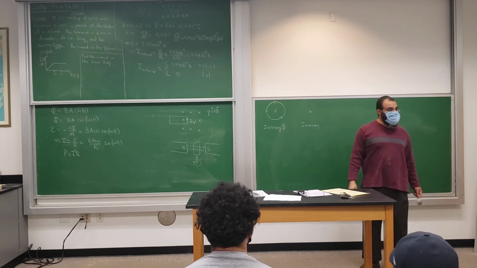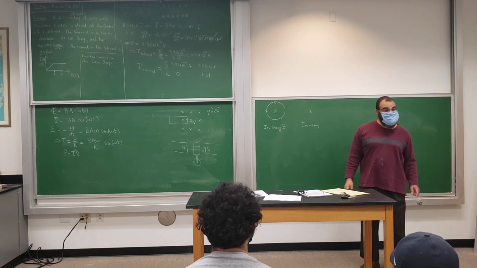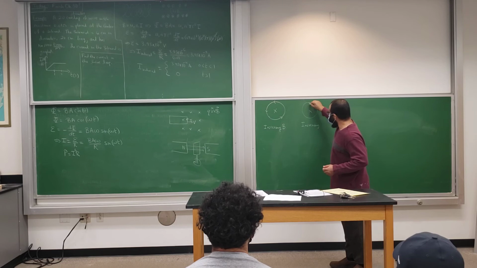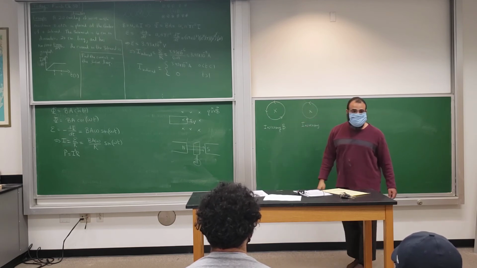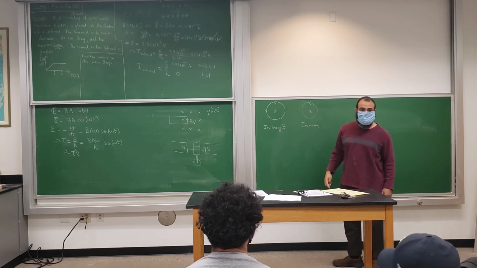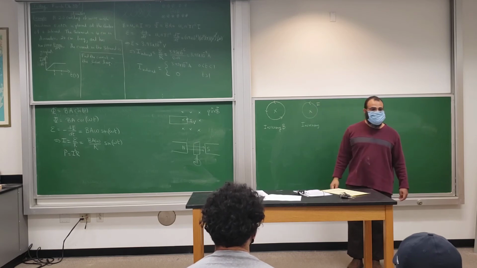But does it mean there is no electric field now? There is still an electric field. It's still in the counterclockwise direction, although there is no loop to experience that electric field. If you were to place a loop there, there will be a current. So the direction of the electric field will be counterclockwise.